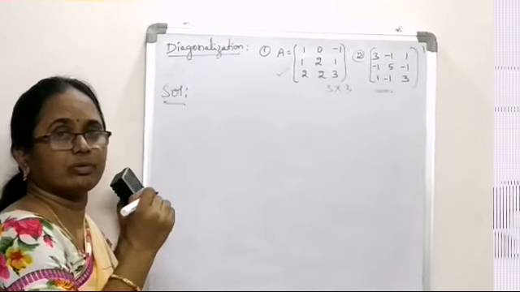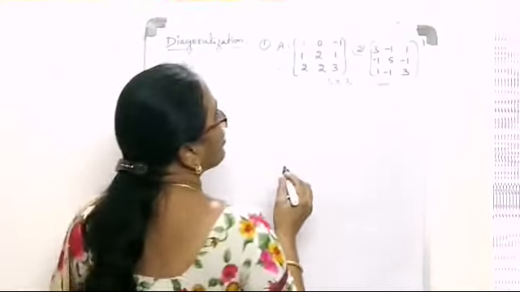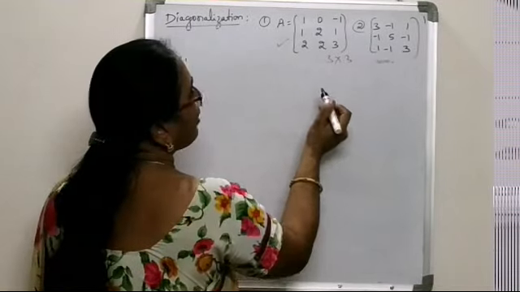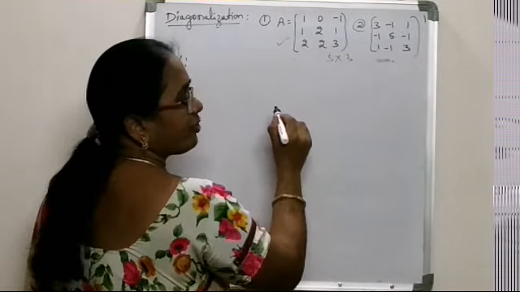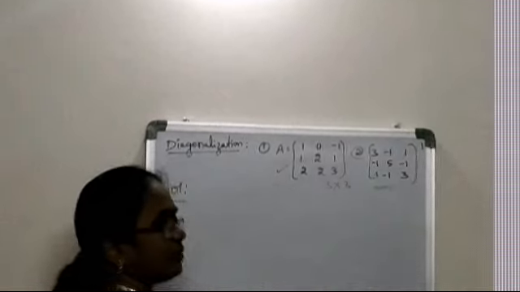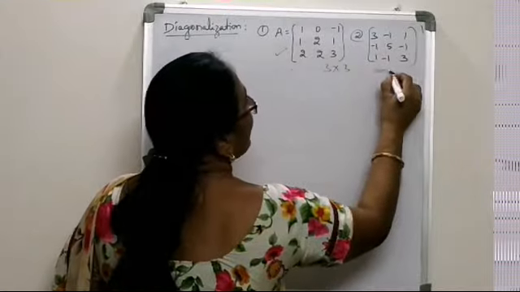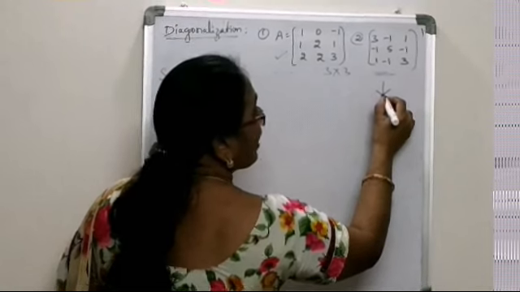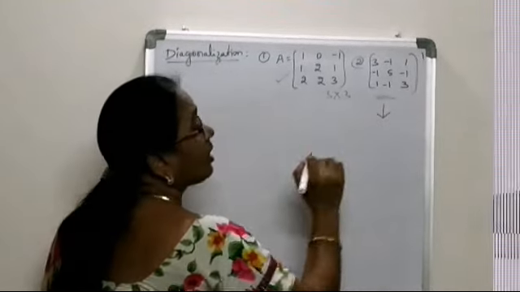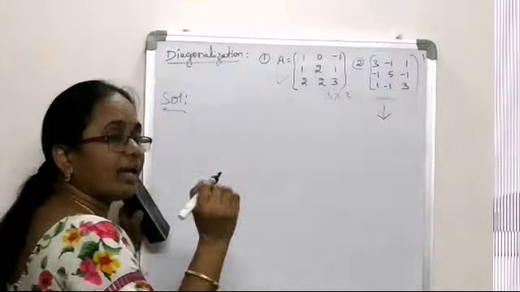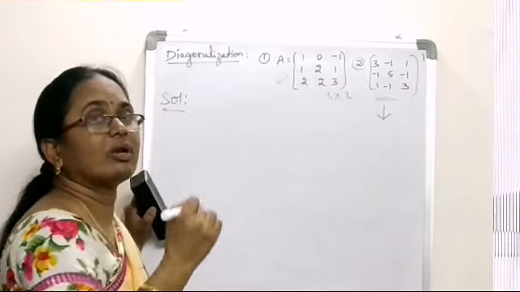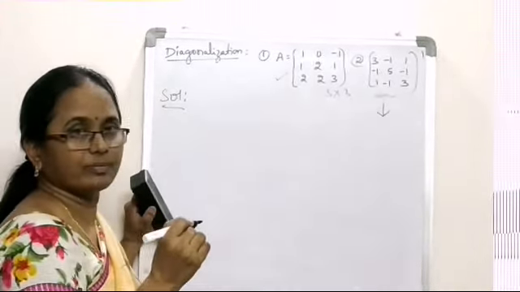Please make a note of it. Listen to it carefully. We are given two matrices here where the first one is not symmetric whereas the second is a symmetric matrix. Because the second is a symmetric matrix, it can be easily diagonalized by using orthogonal transformation, means a similarity transformation with the modal matrix orthogonal.